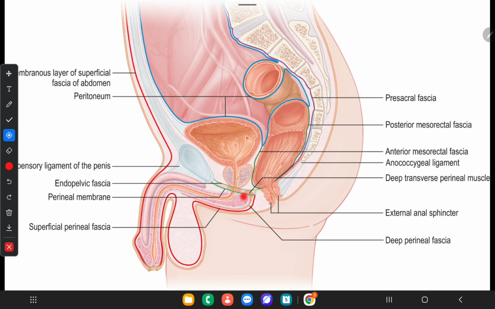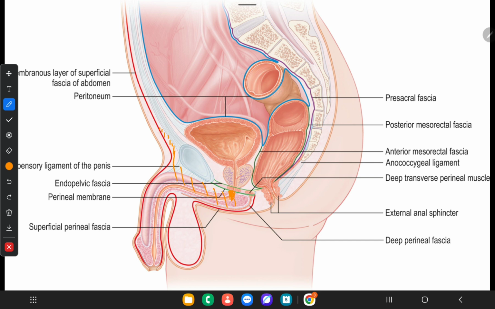In males, the rupture of the bulbar urethra at the point of passage through the perineal membrane causes extravasation of urine into the anterior abdominal wall due to the fascial continuity. It is like this. Imagine if this bulbar urethra is ruptured, then urine extravasates into the superficial perineal pouch.